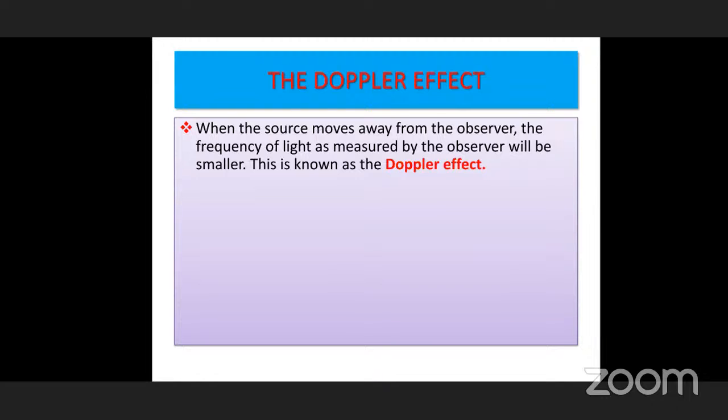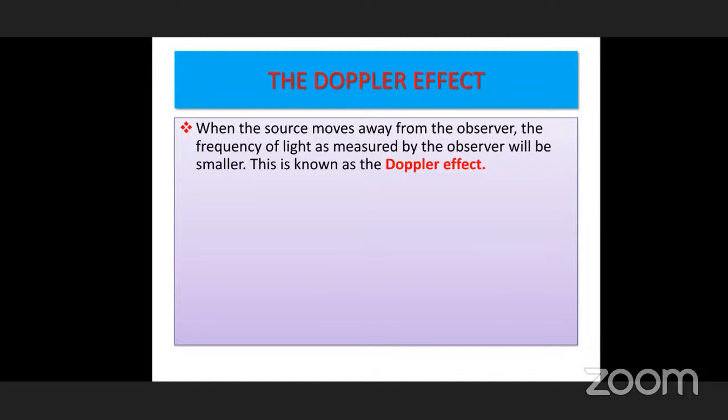So just like in sound, the frequency observed by the observer will be smaller when it is moving away. So it is difficult to find out whether it is moving away or coming close to you. Means you are observing it and you should find whether the frequency is changing.